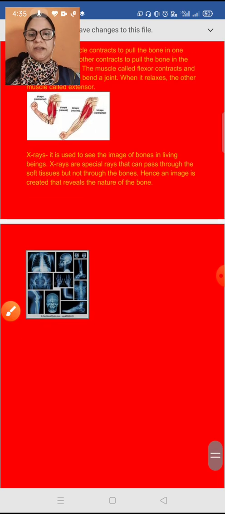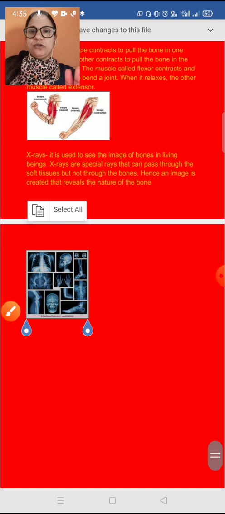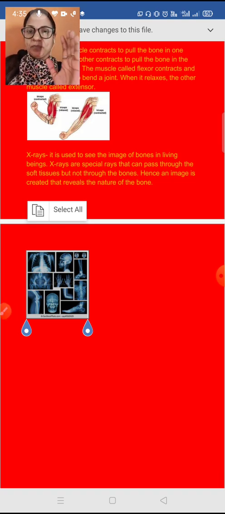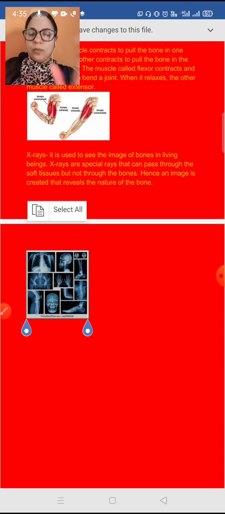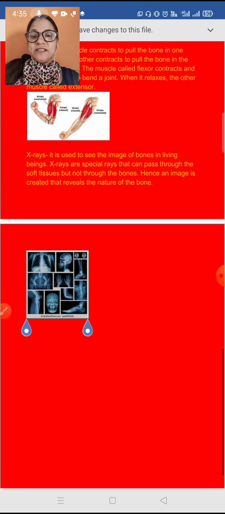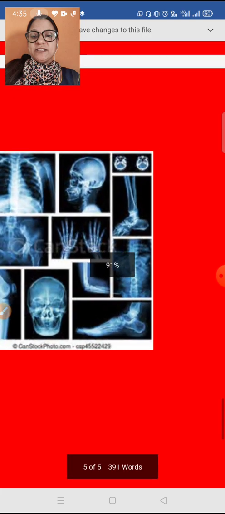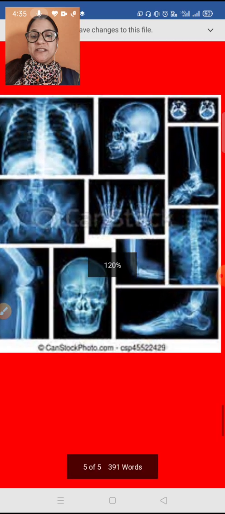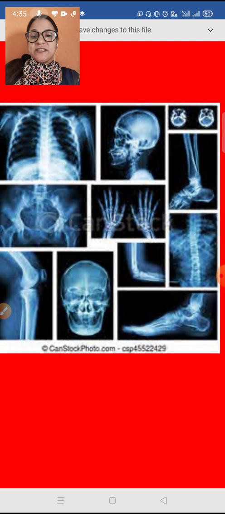Next point comes X-ray. You all must have gone to a doctor for x-rays some day, right? Kabhi na kabhi somehow you must have gone, maybe due to bone pain or muscle cramps or whatever it is. So basically, what is x-ray? Here you can see in this picture, children.